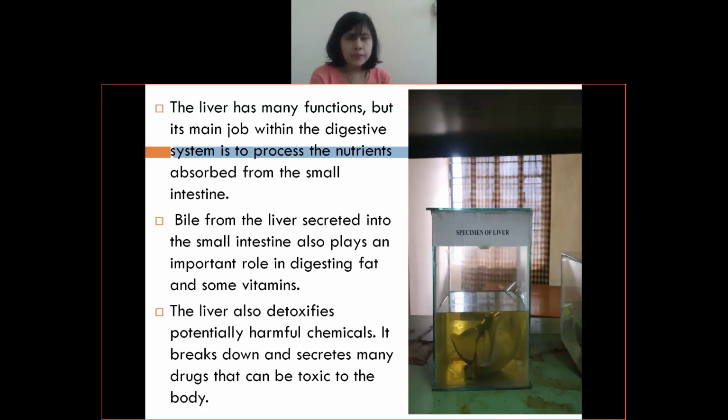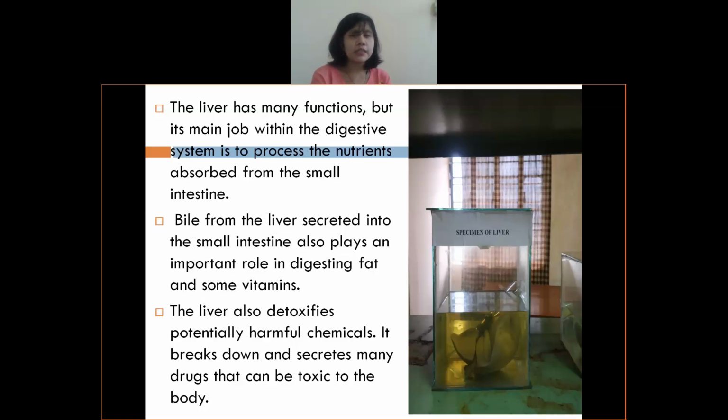Okay, so the liver has three functions. The first one is that this liver will absorb all the nutrients from the small intestine. The second function is that this liver will secrete bile. The function of this bile is that it will help in digesting the fats as well as some vitamins.